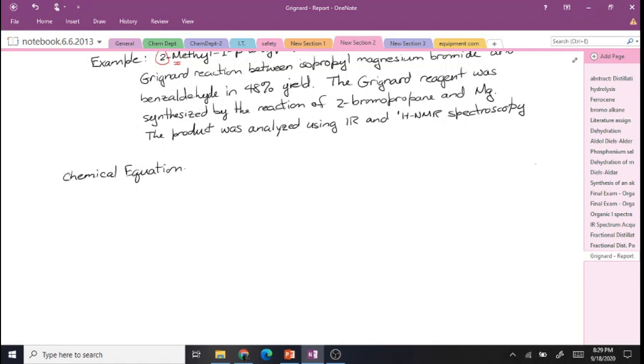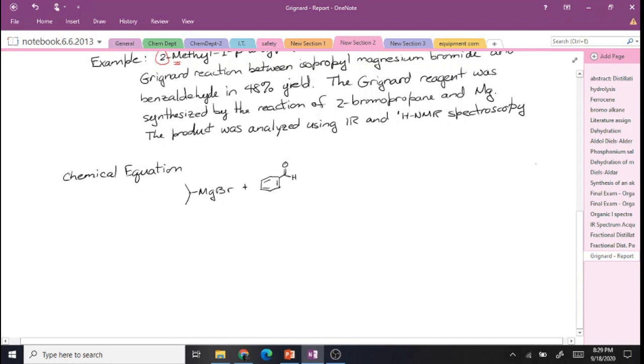So for example, in this one, you would need to show the reaction of 2-bromopropane with the magnesium to give the Grignard reagent. And you had a second reaction where you reacted the Grignard reagent with your aldehyde to make the alcohol.